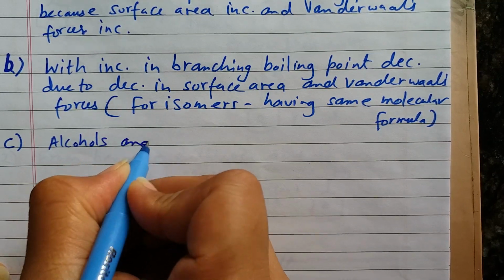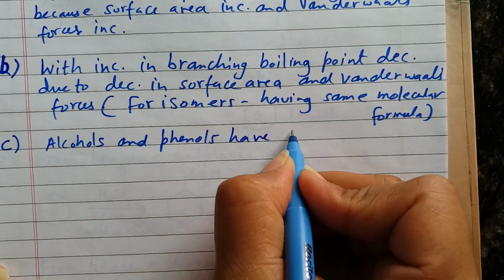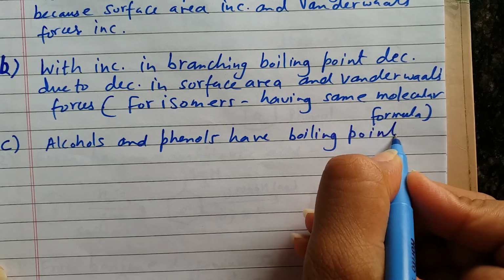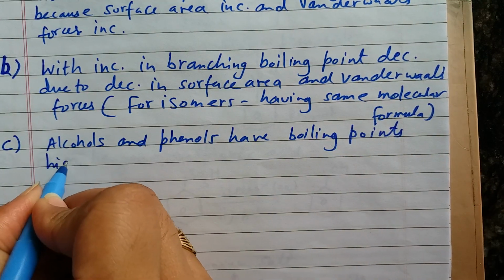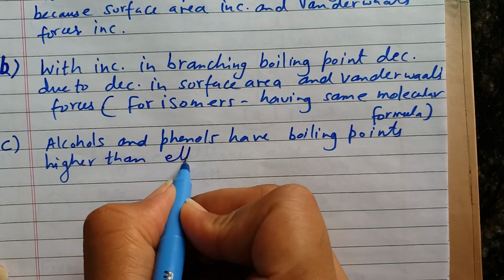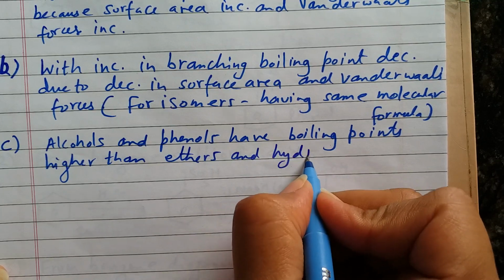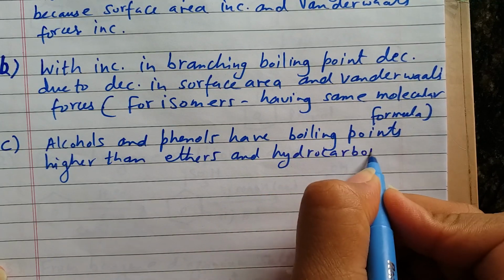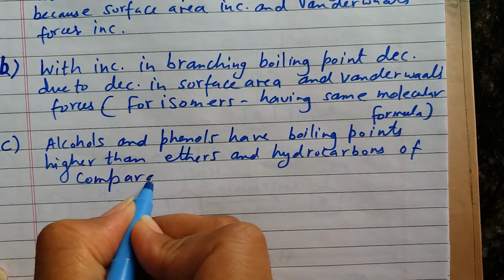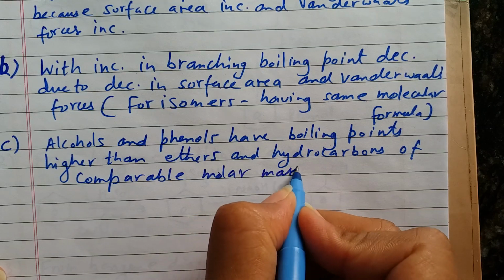Alcohols and phenols have boiling points higher than ethers and hydrocarbons of comparable molar masses.